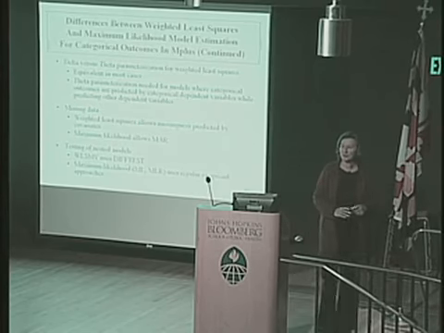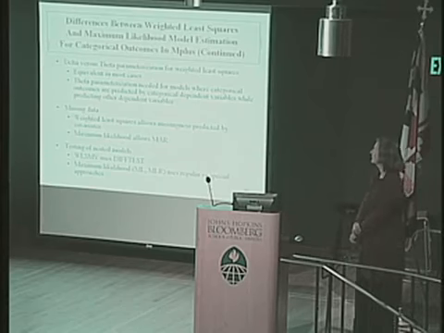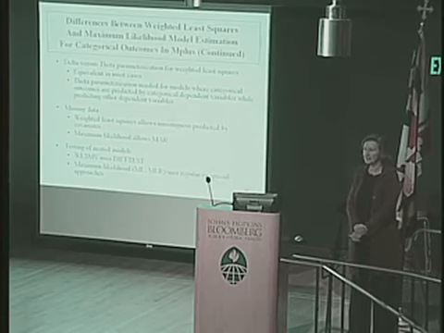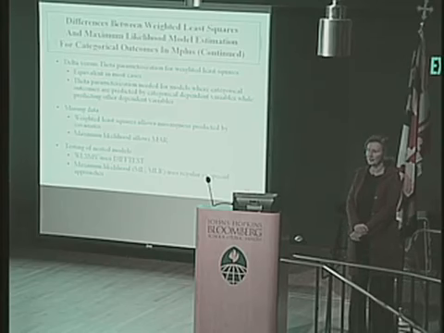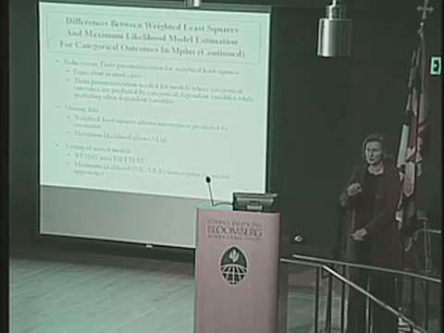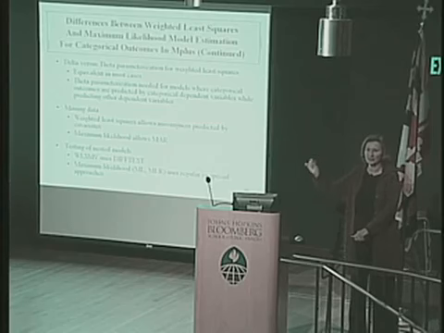But there are a couple of other issues for weighted least squares. We have delta versus theta parameterizations. The default is delta, and in most cases they're equivalent, and we recommend using the default unless you need the theta parameterization. That happens when you have a categorical latent variable predicting another categorical latent variable which is predicting something else.